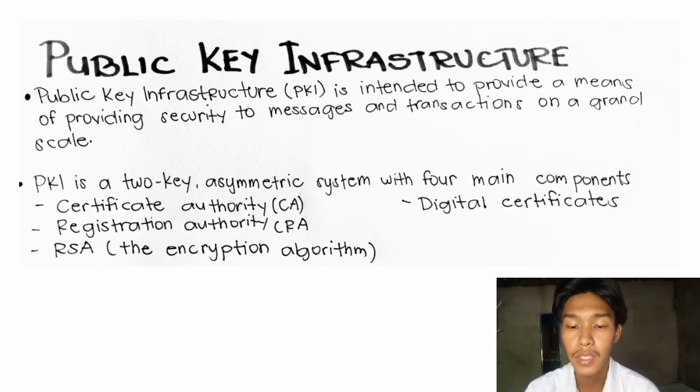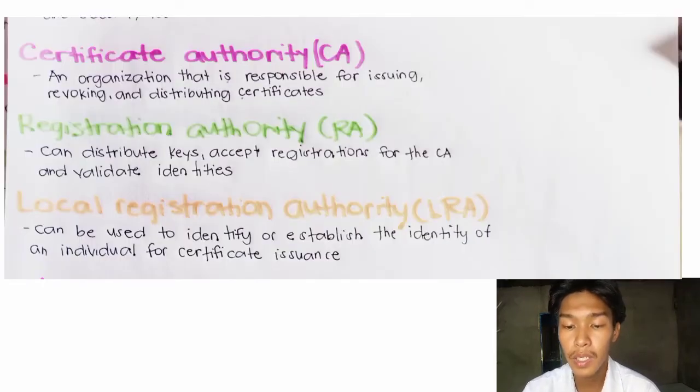Slide 16. Certificate authority, an organization that is responsible for issuing, revoking, and distributing certificates. Registration authority can distribute keys, accept registration for the CA, and validate identities.